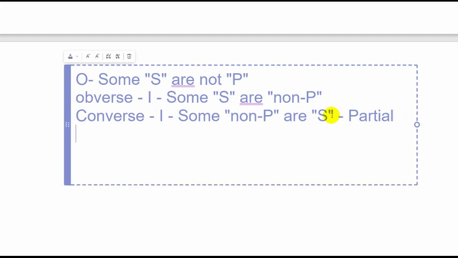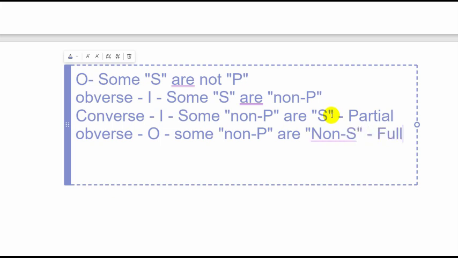This is partial. To make it full contrapositive, we have to again do an obverse of the I, and the obverse of the I is O proposition. And in obverse, we do not replace the subject and the predicate, but replace the predicate with its complement. So some non-P are not non-S.